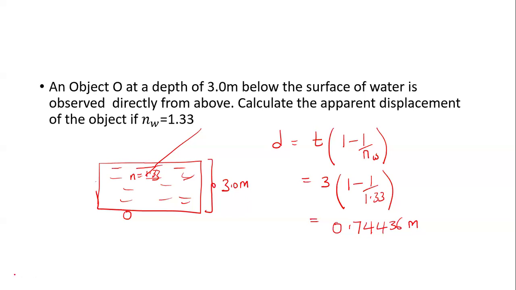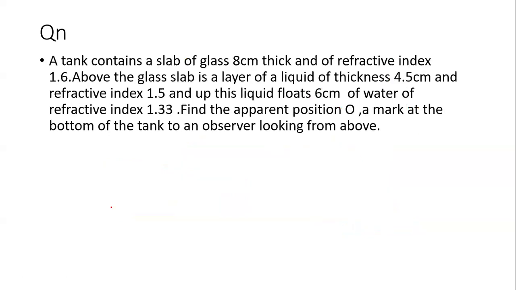So we are going to continue and try another one. This is an example I've told you where we have different slabs. They are telling us that a tank contains a slab of glass 8 thick with a given refractive index. Above the glass slab is a layer of liquid of a given thickness, and above that another. I want you to first try this number on your own, using the other idea I've told you.